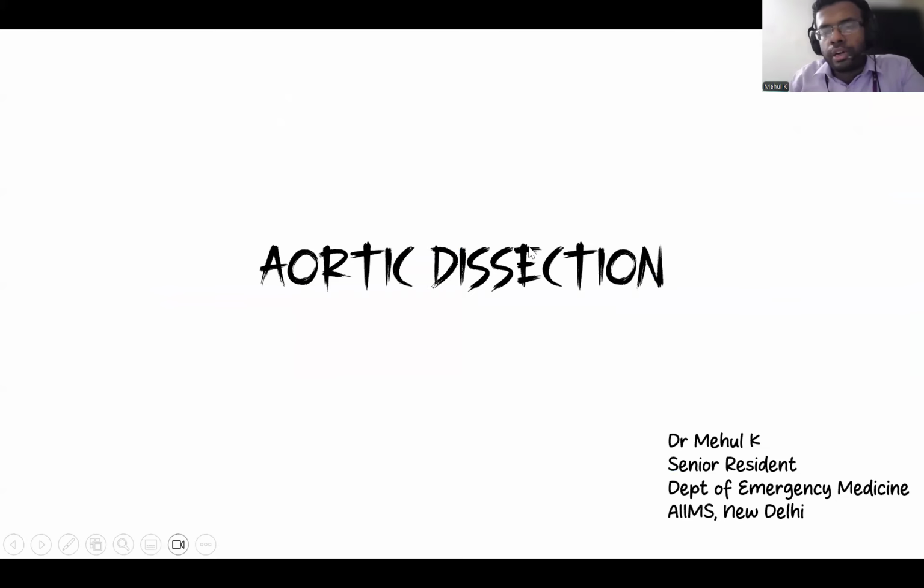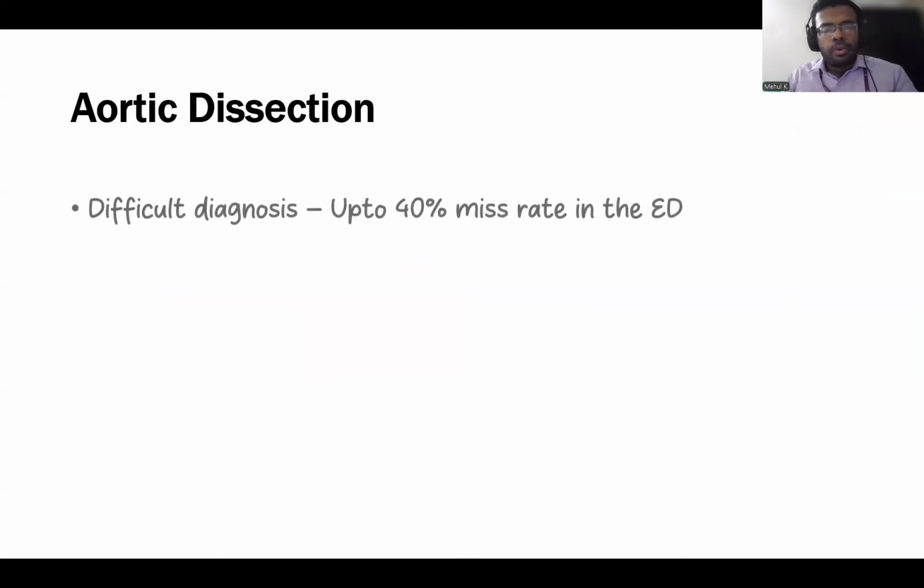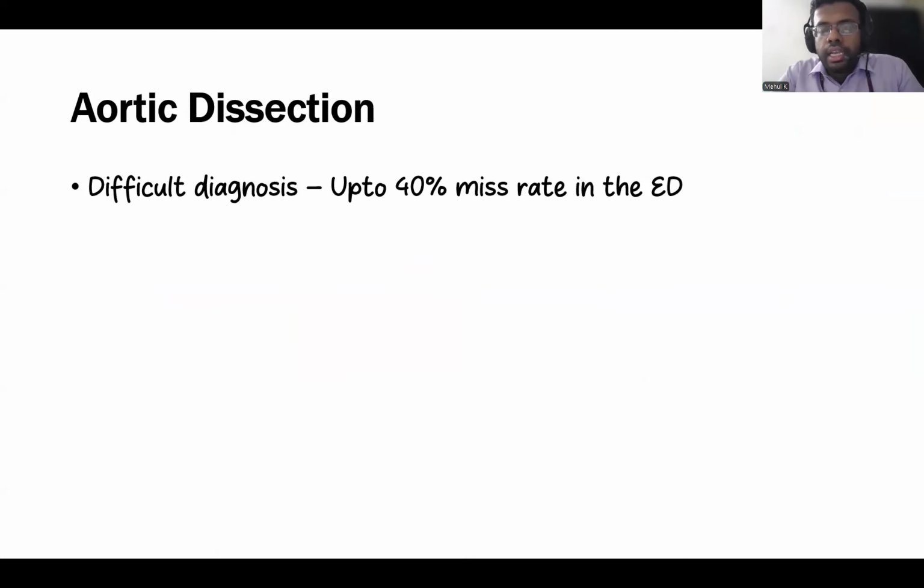So this is a talk on aortic dissection, which is one of the most frightening conditions that can come to your emergency department. So why is it frightening? One, because it has a very, very high miss rate. As per certain studies, up to 40% of the cases of aortic dissection that present to the ED are actually missed.